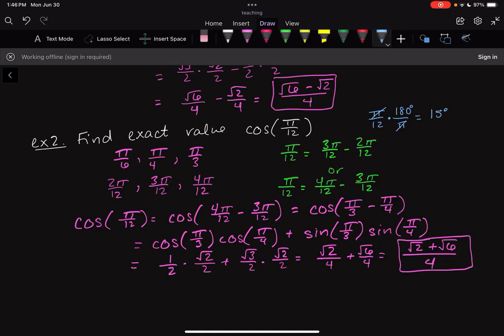And so pretty much what we looked at is we said pi over 3 is 60, pi over 4 is 45. So we basically did 60 degrees minus 45 degrees to get 15 degrees. So if seeing it in the degrees makes more sense, you could always switch it out in the beginning.